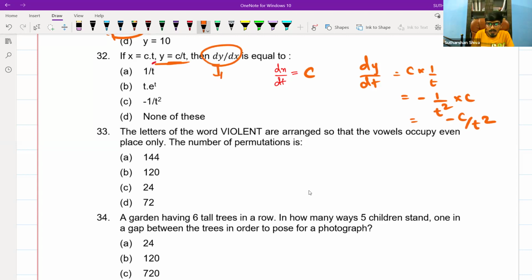Then they are asking dy by dx. So I will substitute over here. Dy by dx is nothing but dy by dt divided by dx by dt. So dt will get cancelled and then only you will get that value.